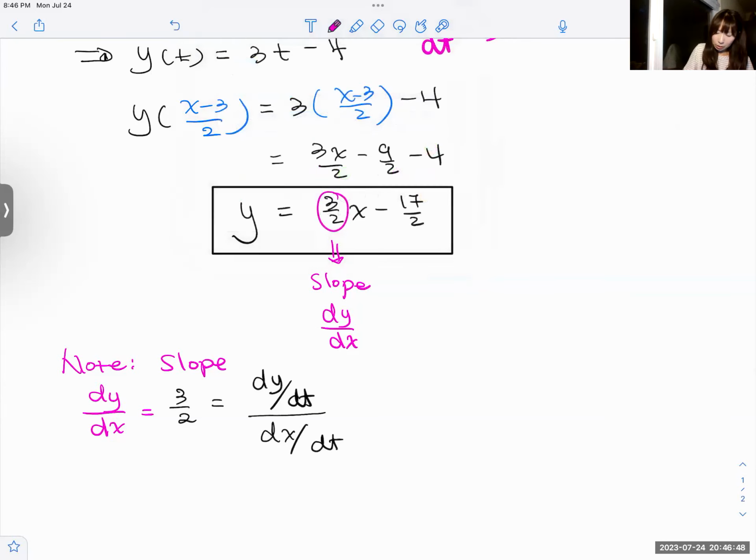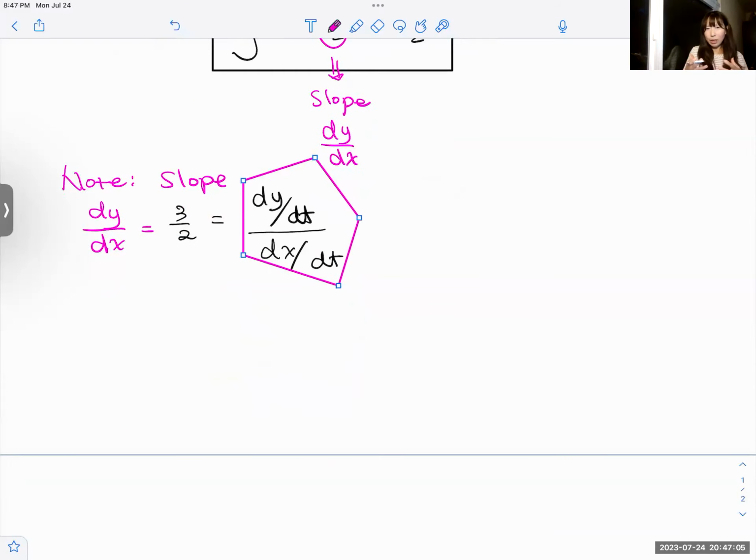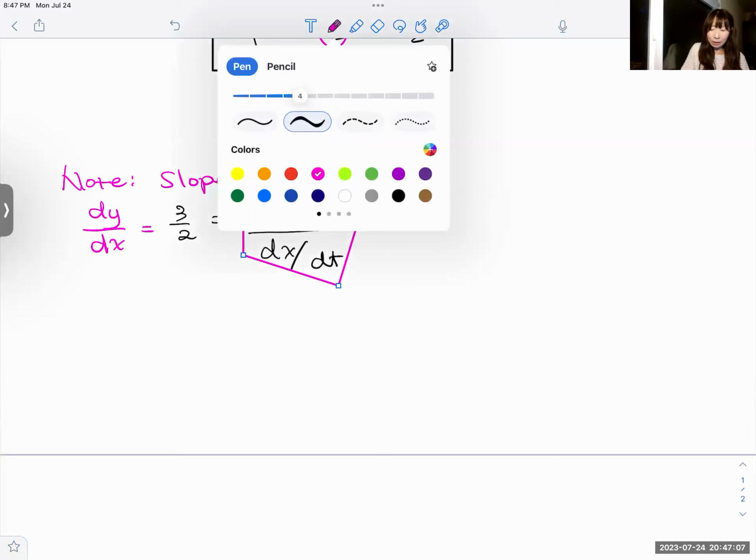So that is the one. Okay, so we can have a theorem.